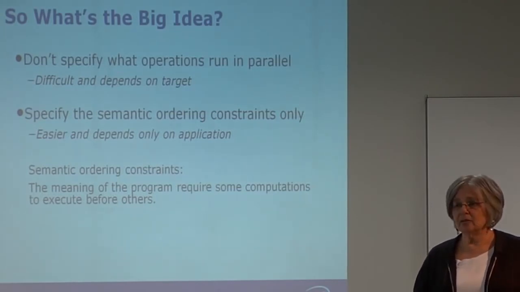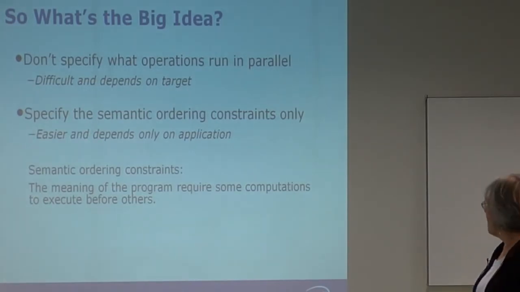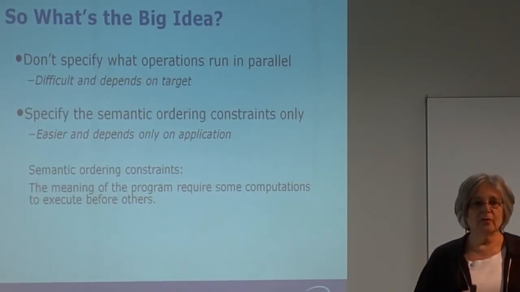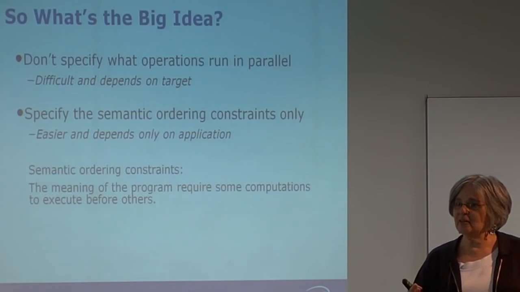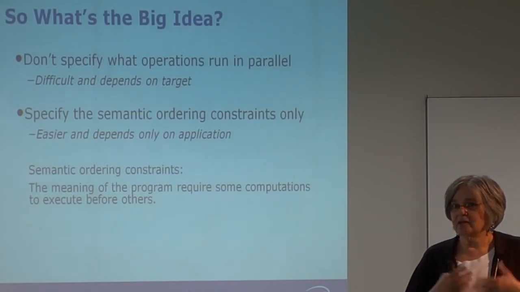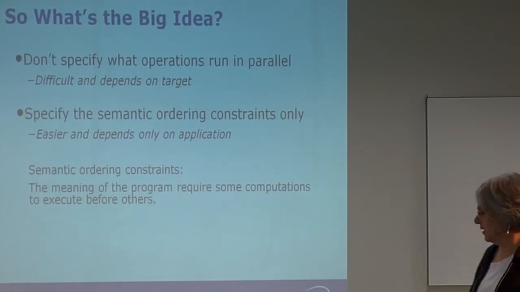They don't have anything to do with the hardware. So they're simply semantic constraints. It's the meaning of the program. The application has some inherent ordering, requiring some computations to occur before other ones.